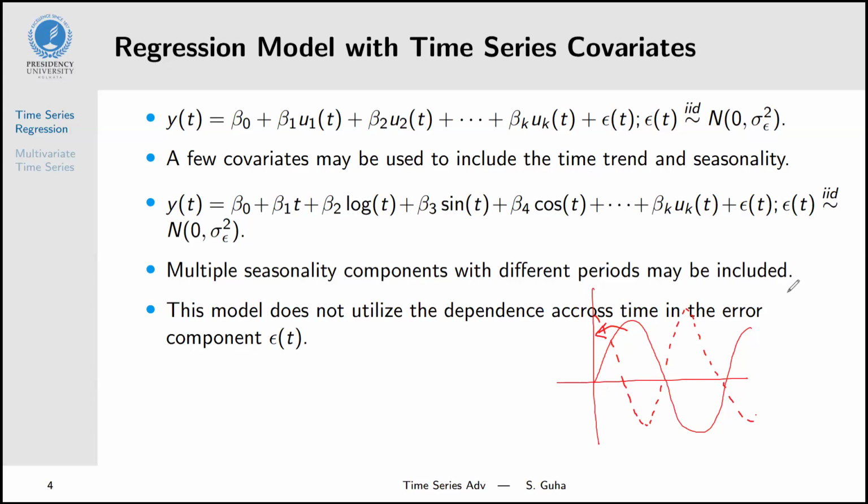If we see any kind of seasonality, is it a good idea to include both sine and cos, or how should we go about it? If your data is going like this, though in reality you will never see this, then maybe only sine or only cos would be appropriate.